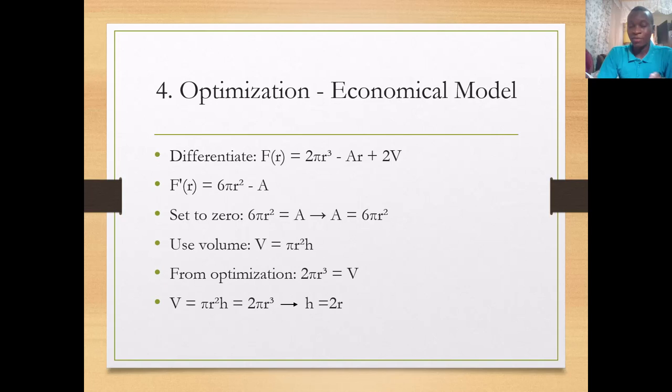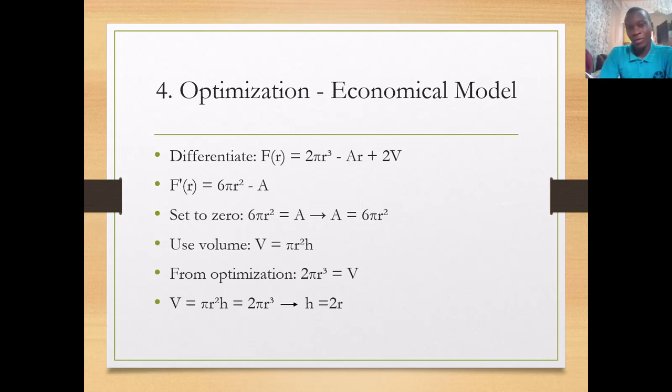Differentiating with respect to r, we have 6πr² - A. Then we set that to 0, because for the most economical model we find the derivative of the function and set it to 0, so that we have either the maximum or the minimum. That one is called the economical model.